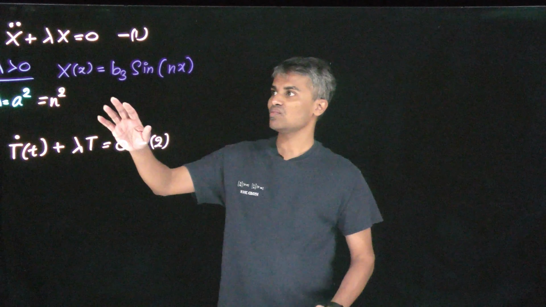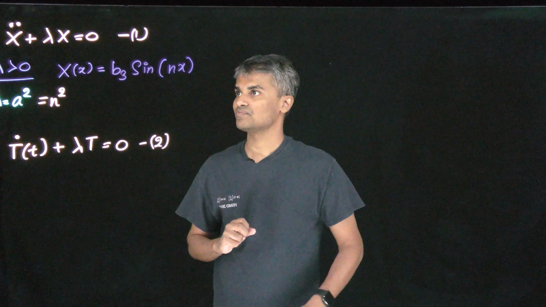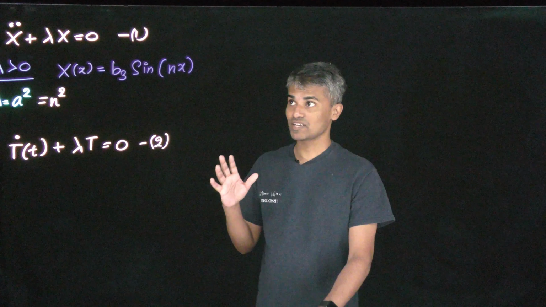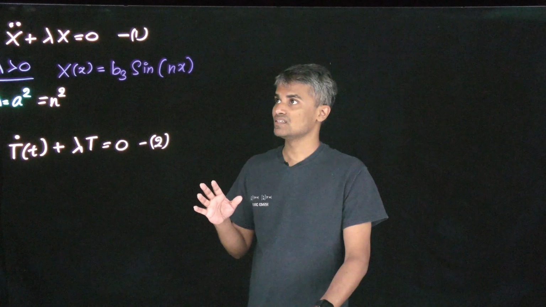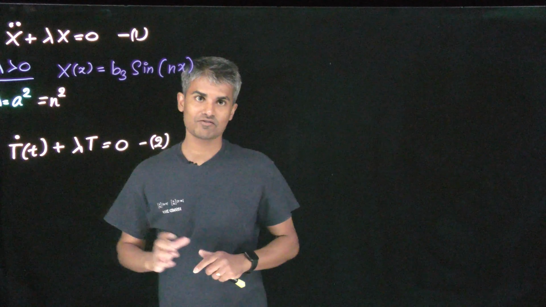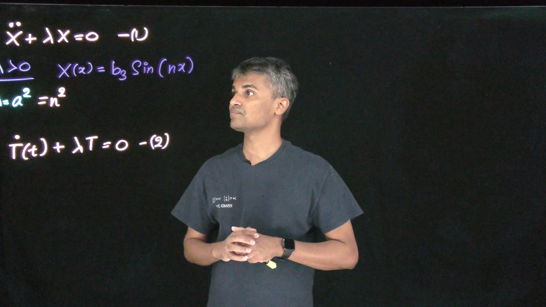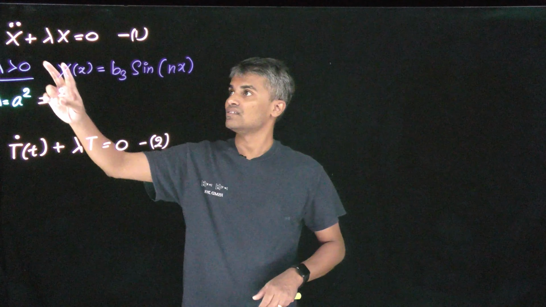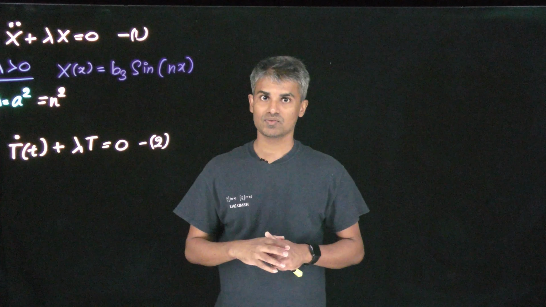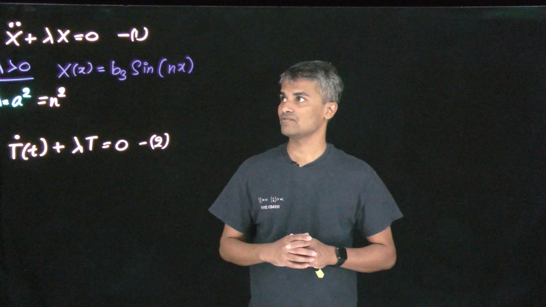Okay, so now we have solved for our big X of x, and so if we recall the things that we did up to now, we obtained these two ordinary differential equations using the separation of variable technique, and then we solved equation 1 for 3 different lambda values, for positive lambda, lambda equals 0 and negative lambda.